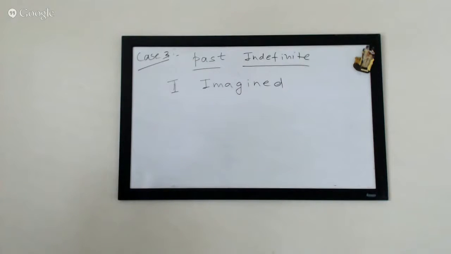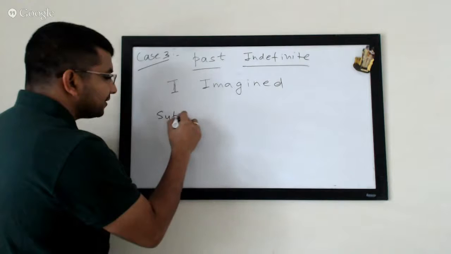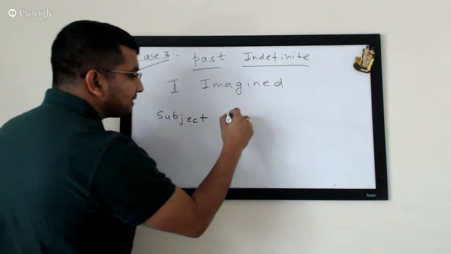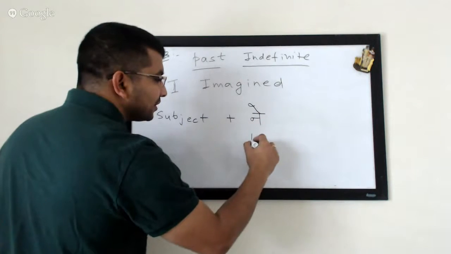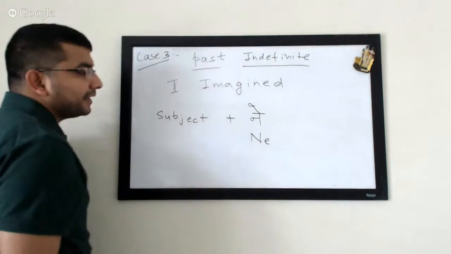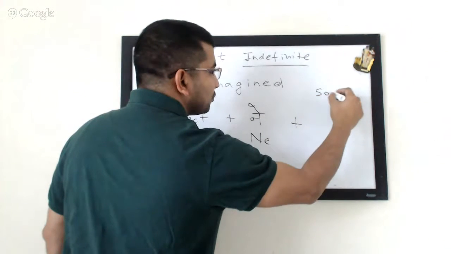And because it's a transitive verb, you will use subject plus, in the past tense, you will use ne, a postposition, right? And the verb, in this case, is sochna.